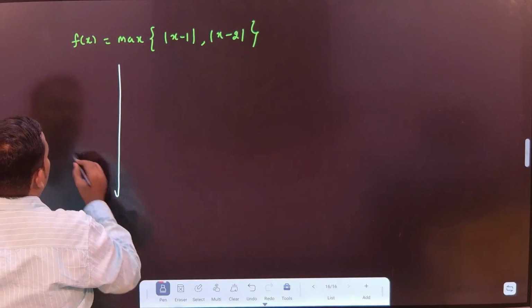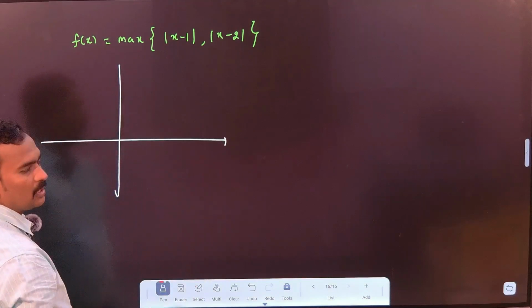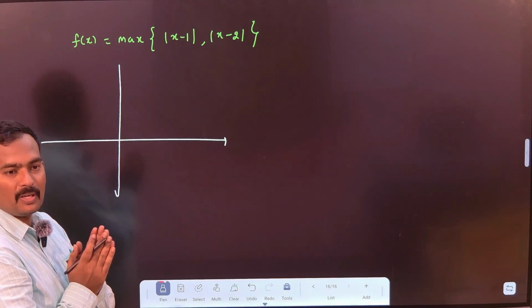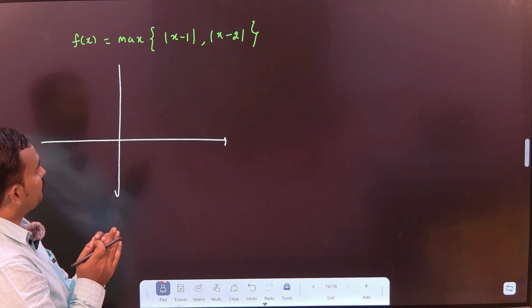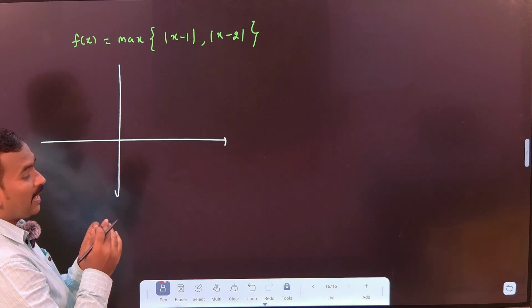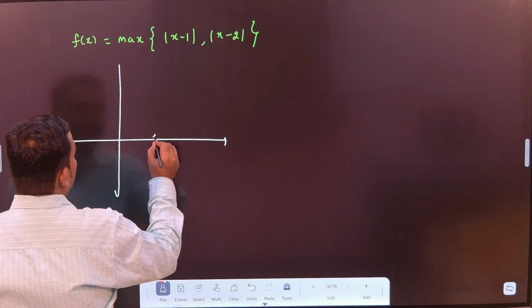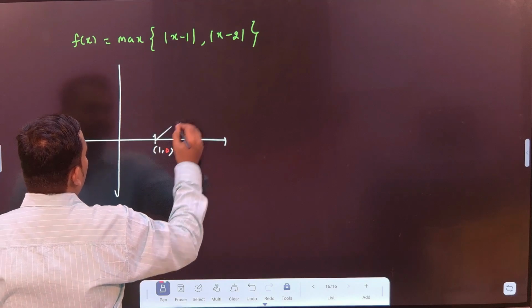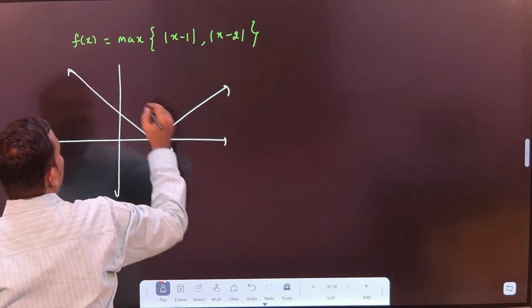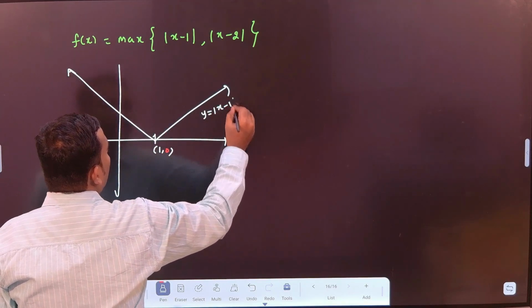You can see, mod x minus 1 means what? You have to shift the graph right 1 unit, right? This is your 1 comma 0. This is the graph y is equal to mod x minus 1.